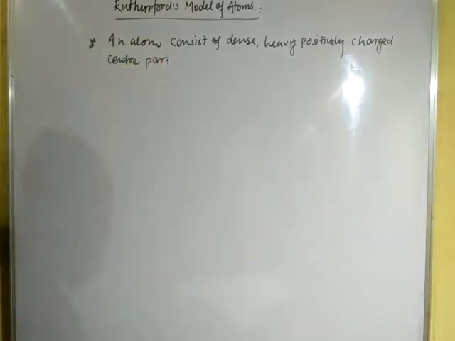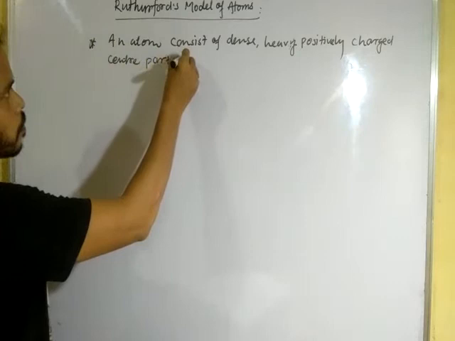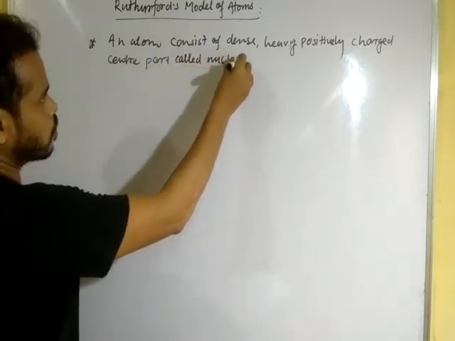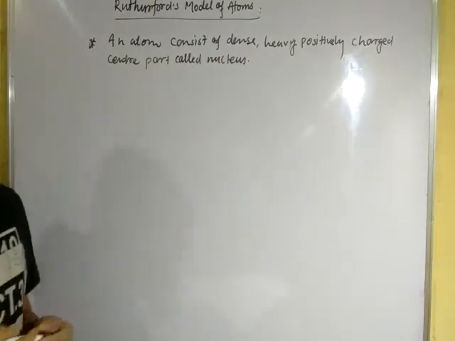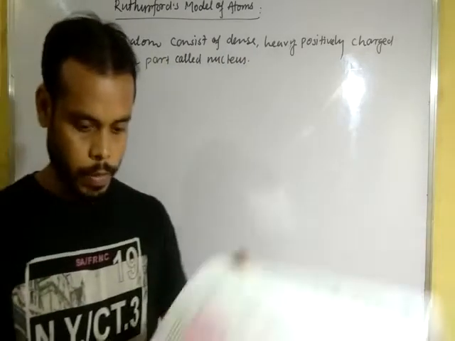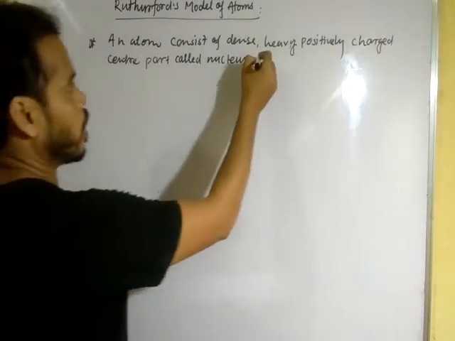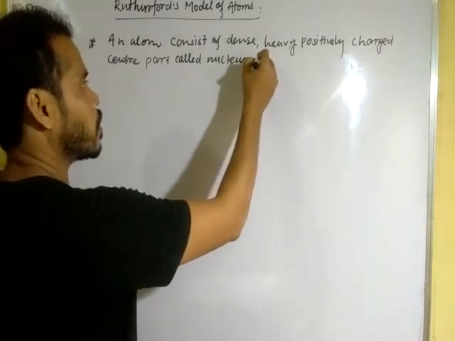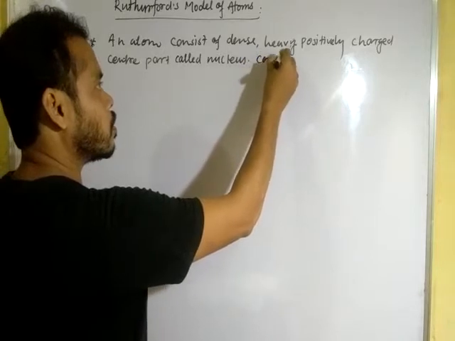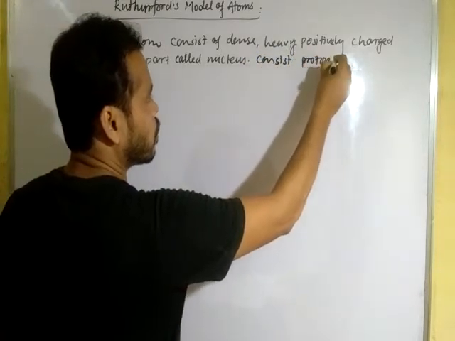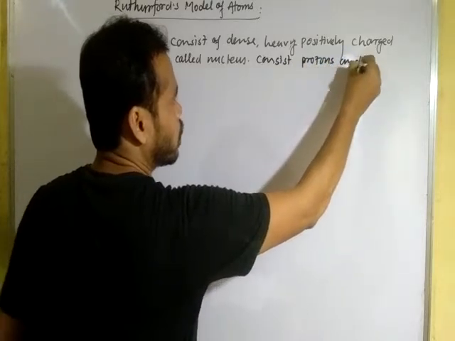The central part is called the nucleus, which consists of protons and neutrons.